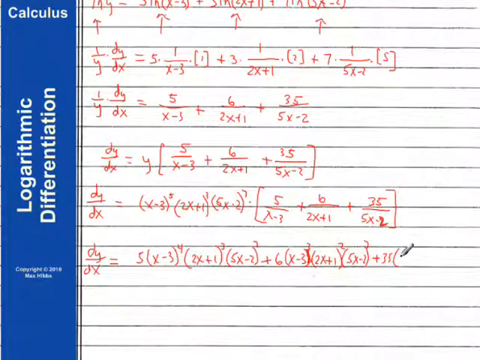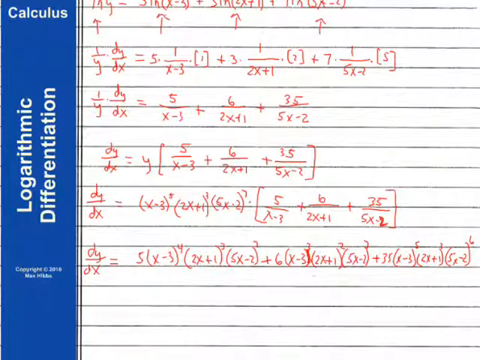And we'll still have the x minus 3 to the power 5. And we'll still have the 2x plus 1 to the power 3, but our 5x minus 2 is going to be to the power 6, isn't it?